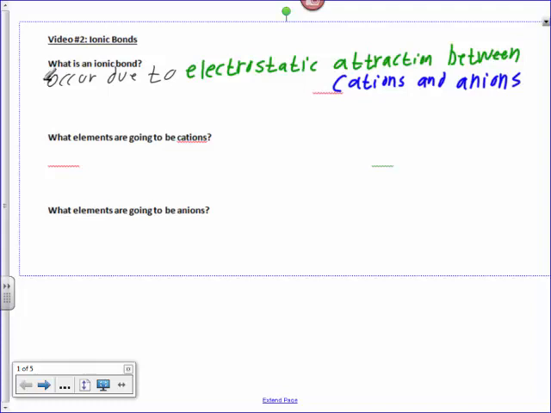And another key word here, the electrons will be transferred.